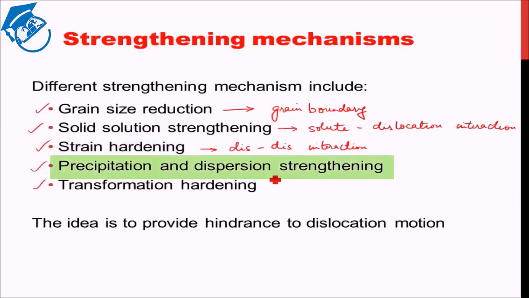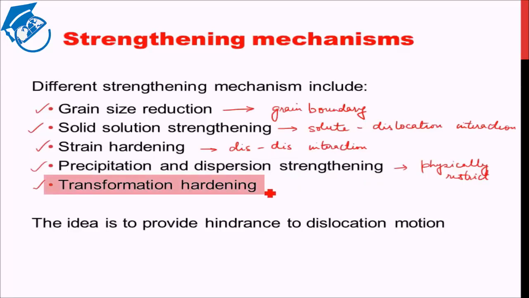In precipitation and dispersion strengthening, precipitates are formed or particles are dispersed throughout the material, and those things physically restrict the dislocation motion. Transformation hardening is a completely different mechanism. That's not exactly a restriction to dislocation motion, so we'll see that later. Let's start our discussion in detail with grain size reduction.